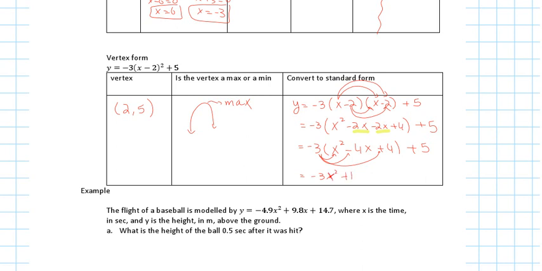Negative 3 times 4 is negative 12. That's it, I'm done with the bracket. Then I'm going to write the plus 5. So that's going to be negative 3x squared plus 12x minus 12 plus 5. That's minus 7.